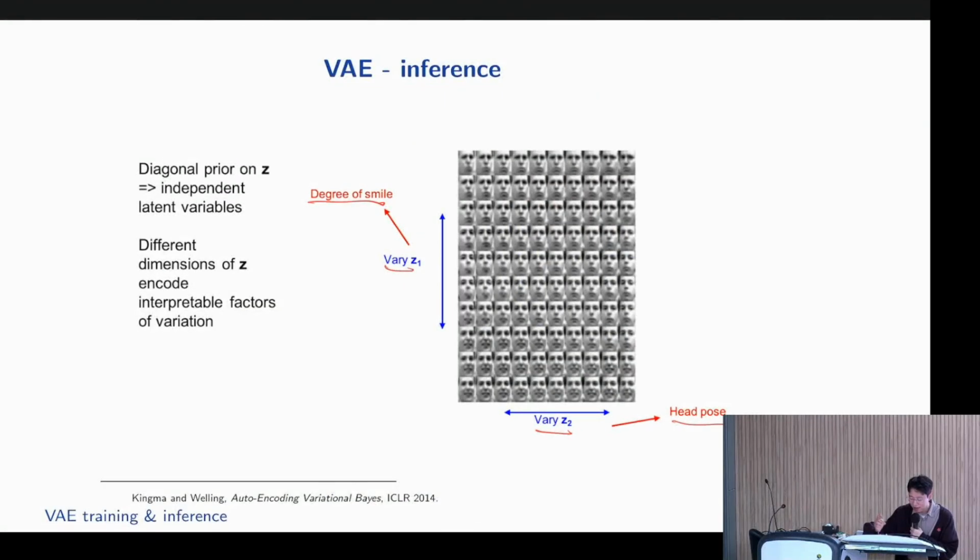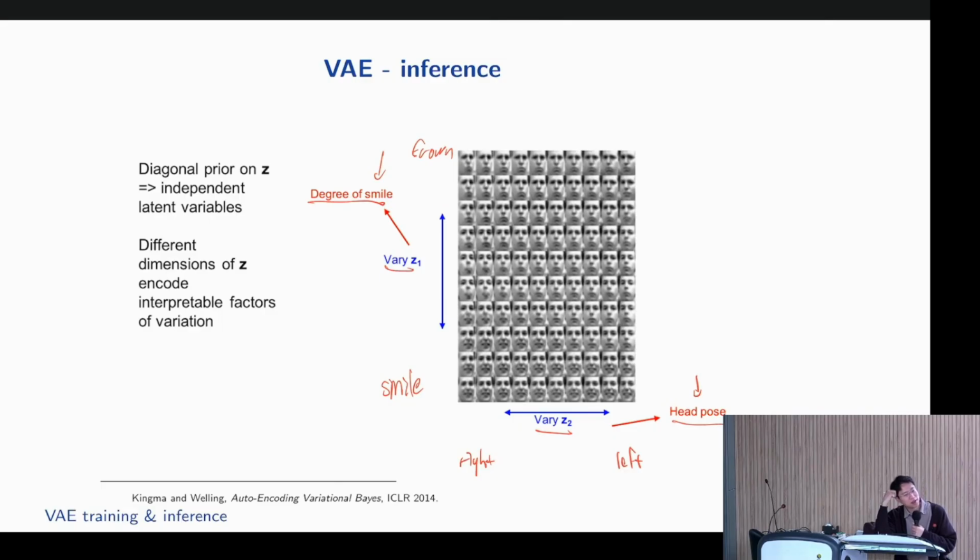For faces, it corresponded to degree of smile and head pose. From left to right, this is a frowning face, a smiling face, and here it's turning right to left. So if you walk around different elements of Z and continuously pass it through the decoder, it corresponds to meaningful factors of variation.